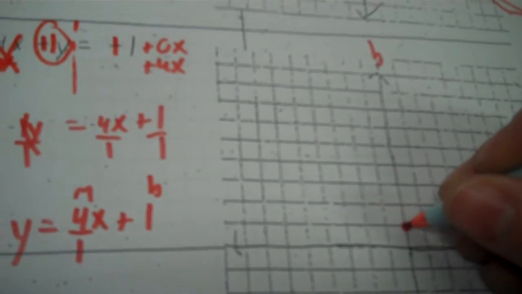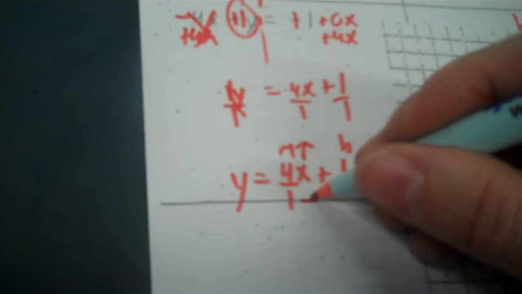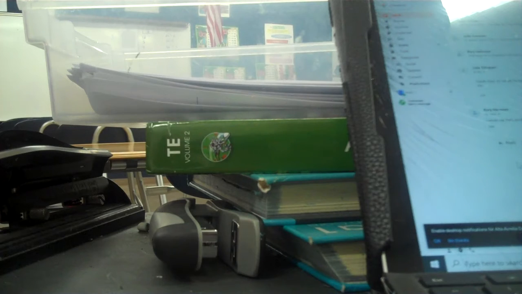Okay? So b, a plus 1, so we're going to be here, and then this time we're at positive 4, so we go up 4 and forward 1. Okay, so then I graph it. There you are.